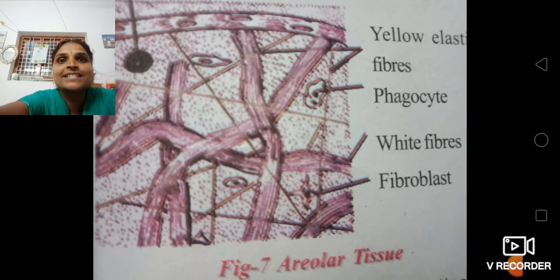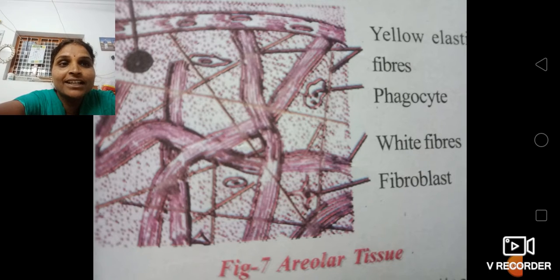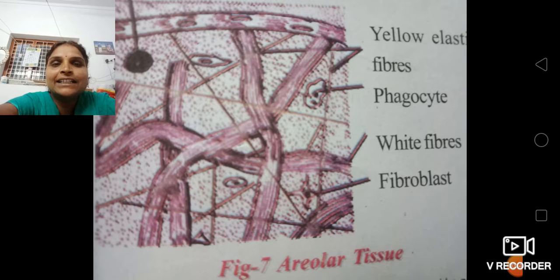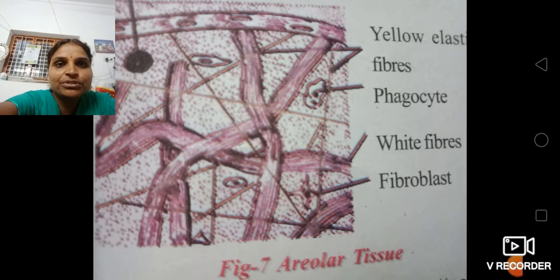These cells secrete fibrous material, white fibrous material, which holds the other tissue in position. These cells also help in repair of the tissue when it is injured.